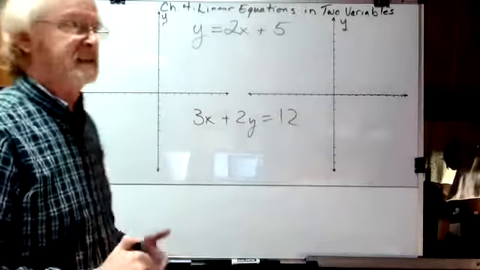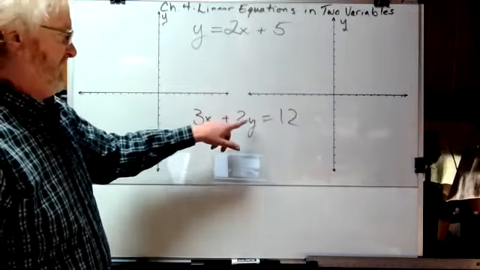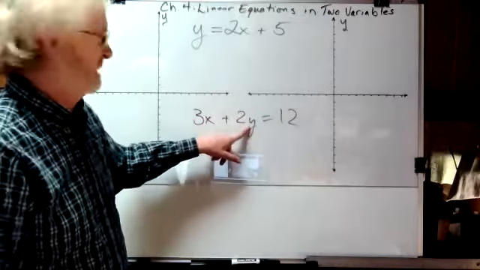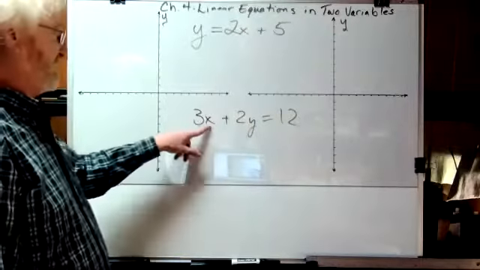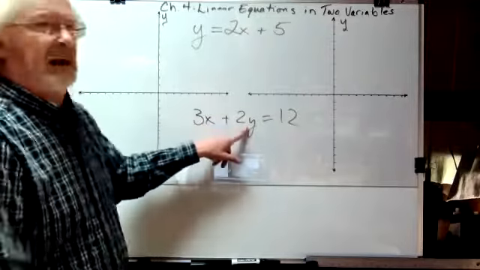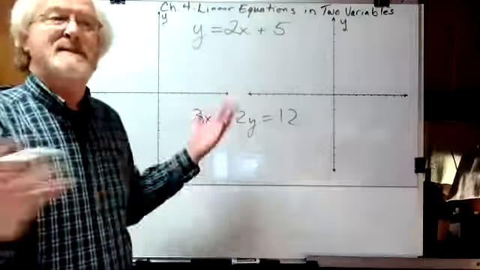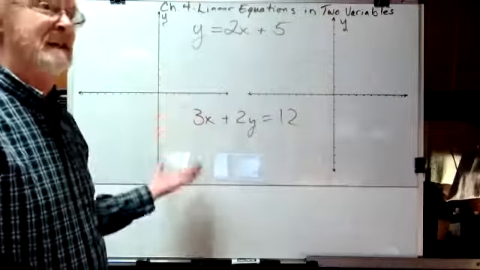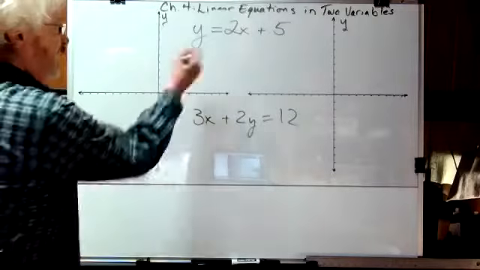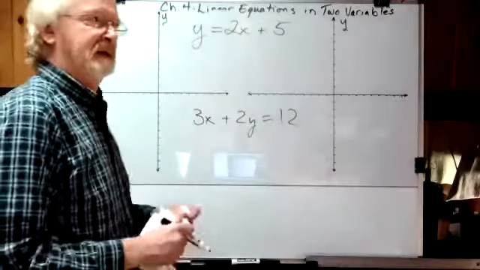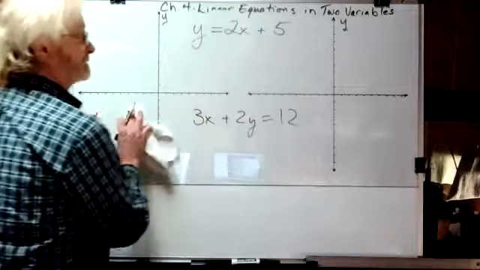Well, if x is a 1, then y's got to be 4.5, mental math real quick, or something like that. But if x is 4, then y has to be 0. X goes up, y has to go down, so it always equals 12. But I could come up with an infinite number of possible combinations, and I can always put some x with some y values.